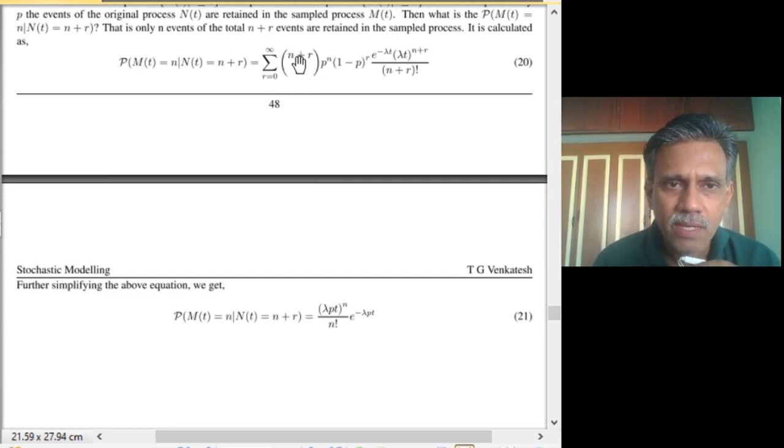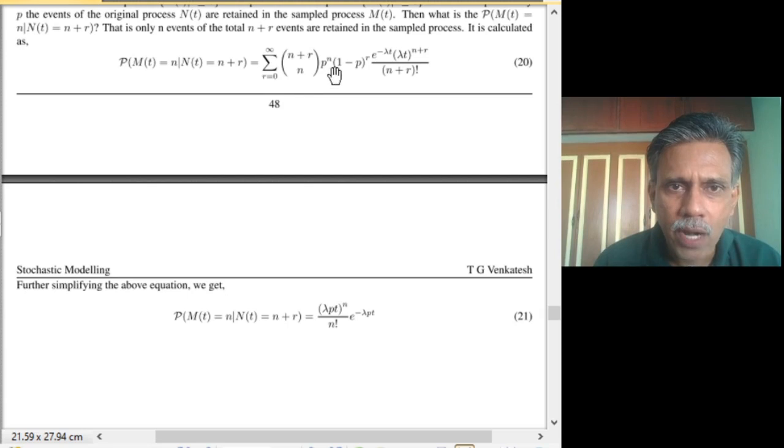What we will have is n plus r factorial divided by n factorial r factorial. That n plus r factorial here and here cancel each other. Then we will have e power of minus lambda t there, and n factorial is also there.